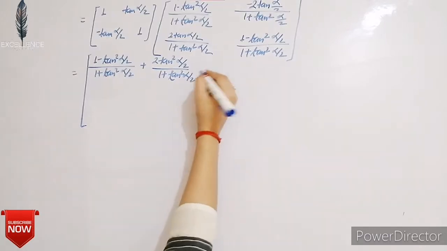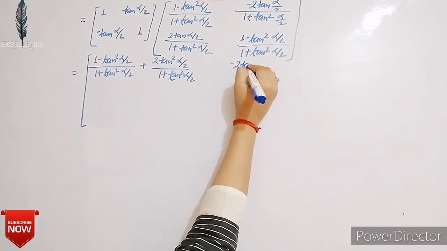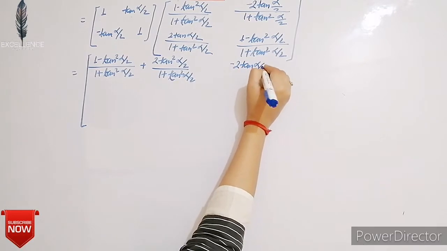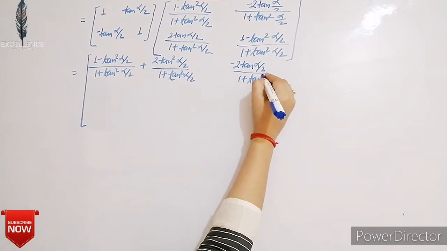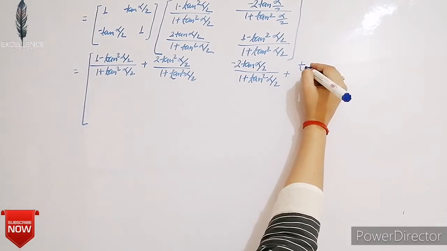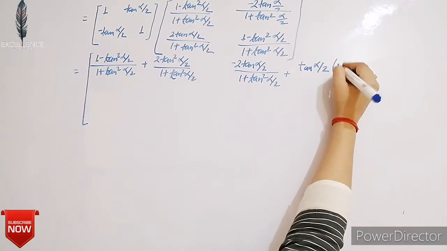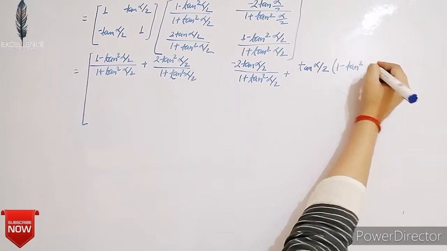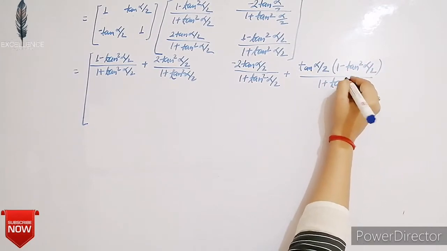Now first row by second column, then we have minus 2 tan alpha by 2 upon (1 plus tan square alpha by 2) plus tan alpha by 2 multiplied by (1 minus tan square alpha by 2) upon (1 plus tan square alpha by 2).